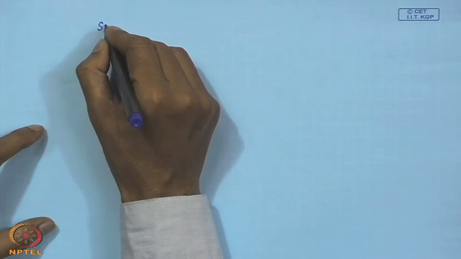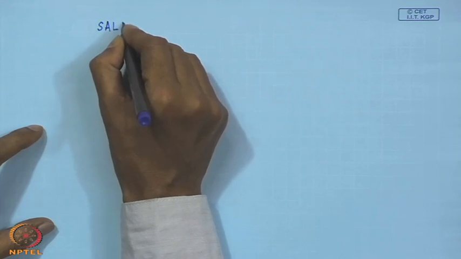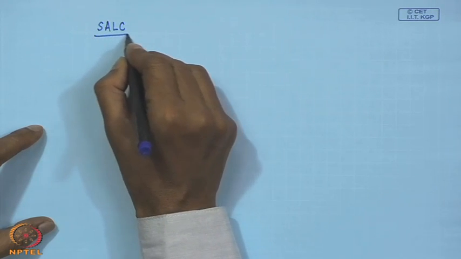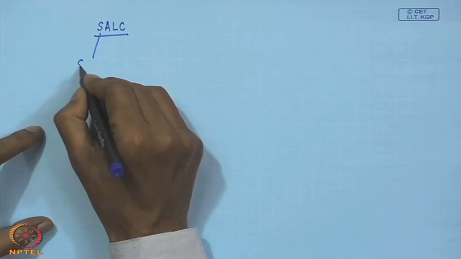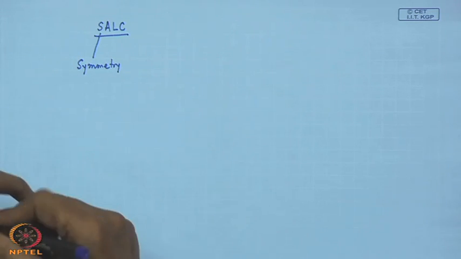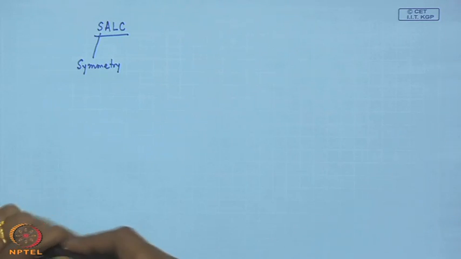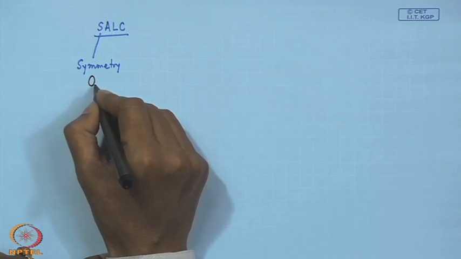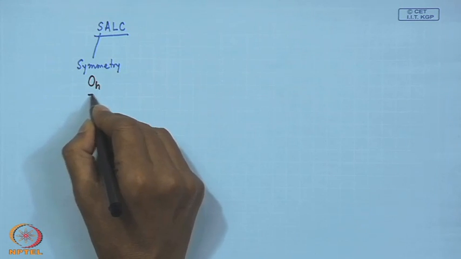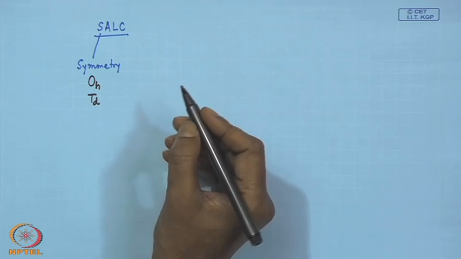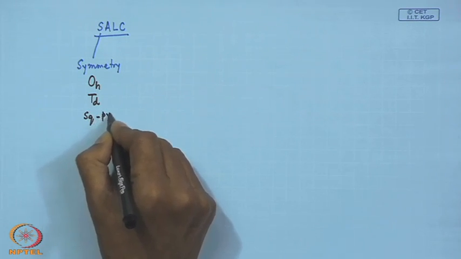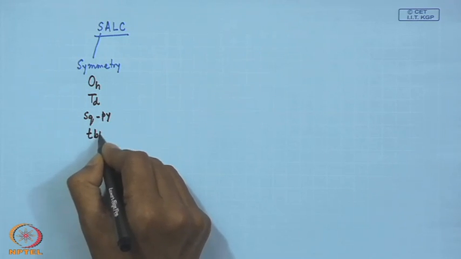So, we are now talking about symmetry, which is very important. That means we are talking about the corresponding metal complex. That is why we talk so much about the symmetry of the metal complex, whether it is tetrahedral, octahedral, square pyramidal or trigonal bipyramidal.